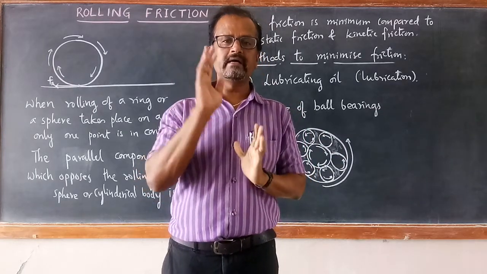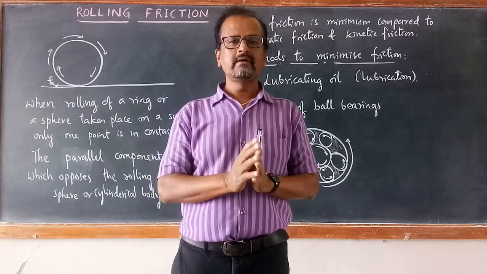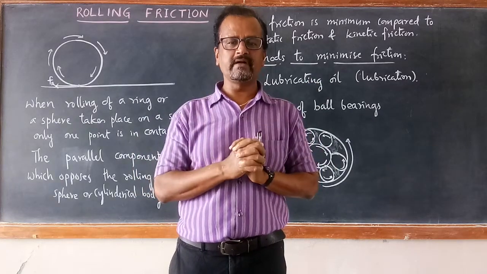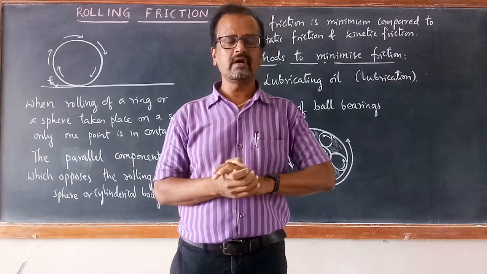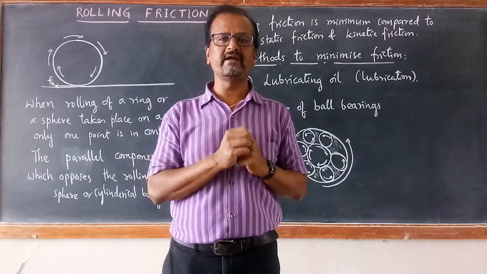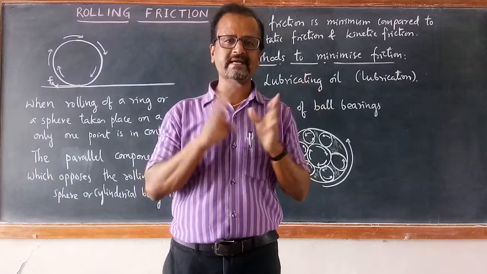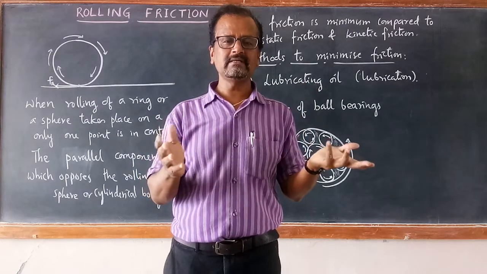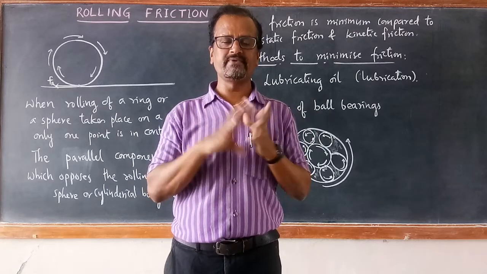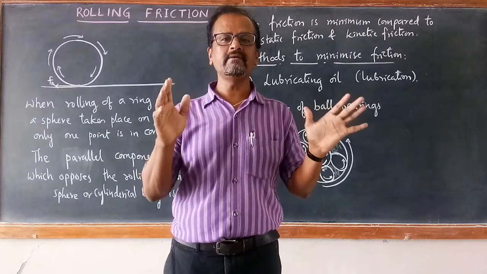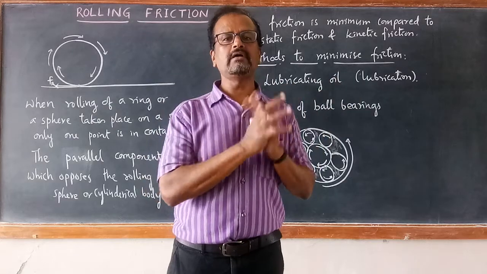Even for halting a moving body, an opposing force is required. When the body is set into sliding motion, after some time it stops because of kinetic friction. So applying brakes is nothing but another kind of sliding friction, kinetic friction, that will bring the moving vehicles to a halt.